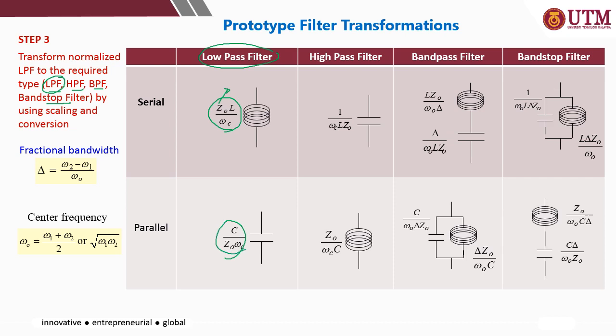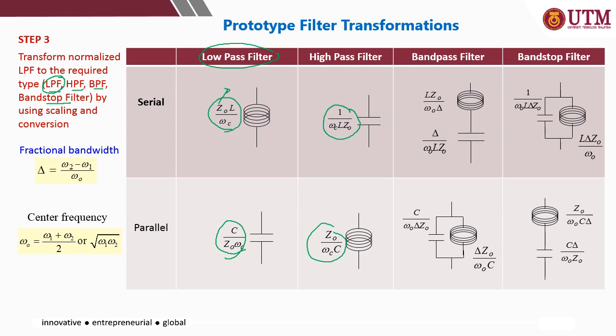If, for example, the system requires a high pass filter, then you need to transform the normalized circuit in step 2 to a high pass filter. The first component for the high pass filter is a serial capacitor. So you need to get the final value by using the following equation and so on.